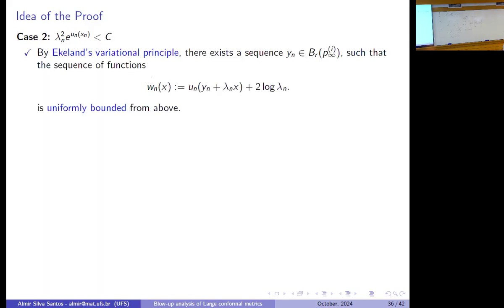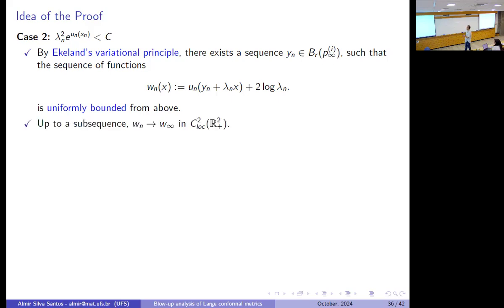But in this case we need to use Ekeland's variational principle. Otherwise, you cannot prove that this normalized function is uniformly bounded from above. Right. Use this variational principle to find this point. And then you use the theory of regularity to prove this convergence in the half space.